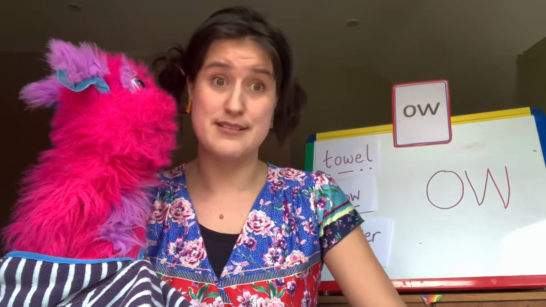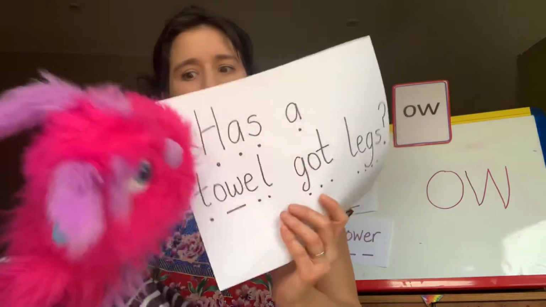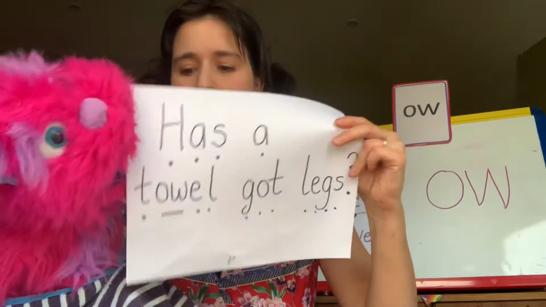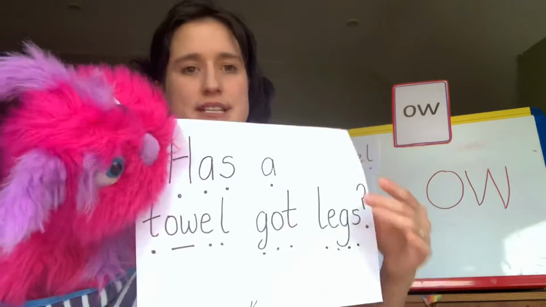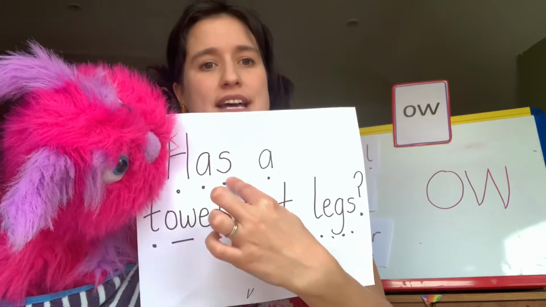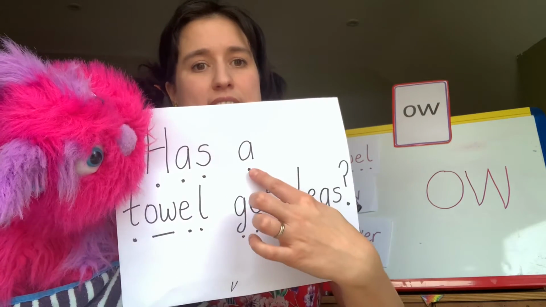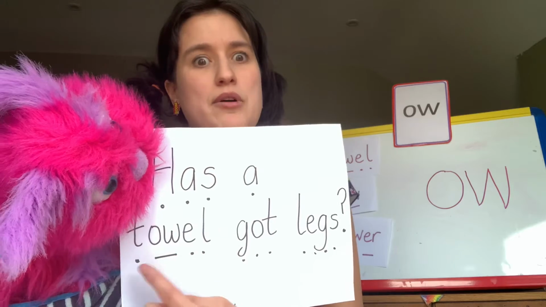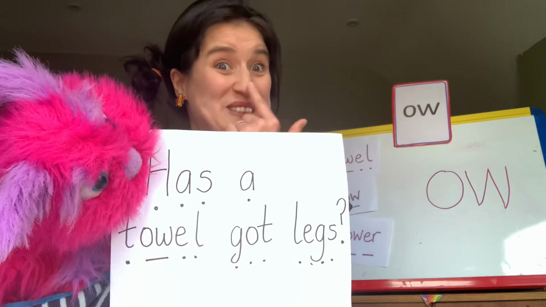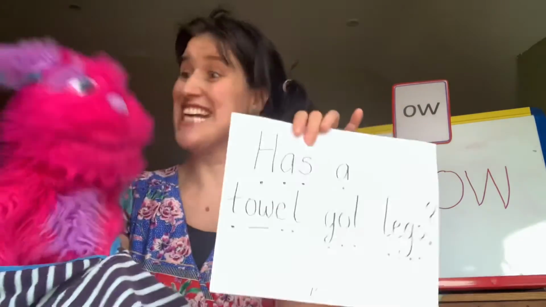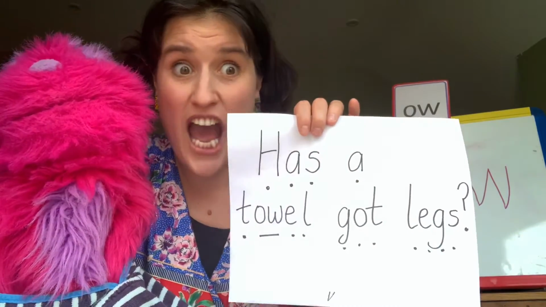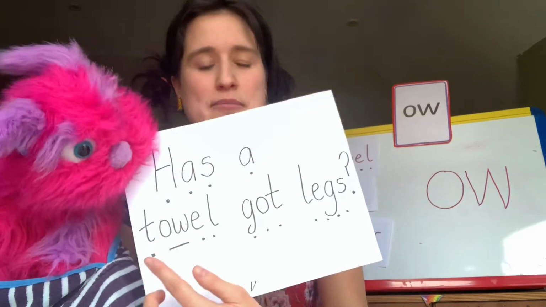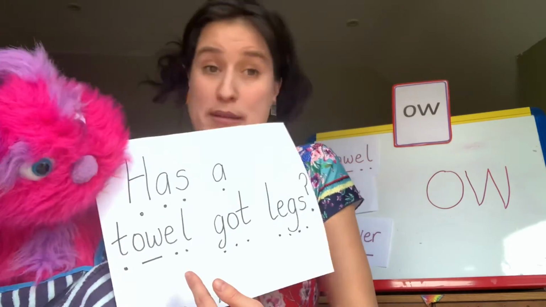Oh, gosh, the next one's even sillier. Okay, come on, we can do this. Let's blend it together. We've got that capital at the start. Has. There's a space. A. L. Towel. Did you get your finger on your nose? I saw the sound of the day in the word towel. Alfie was trying to trick me, but I found it.